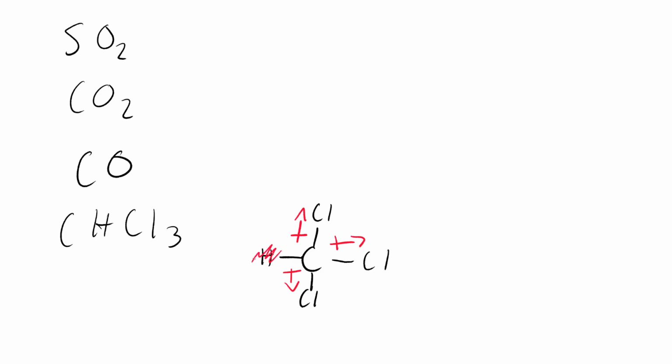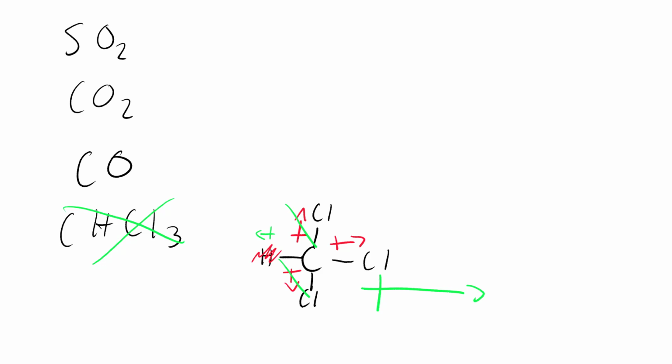We're going to ignore hydrogen. It's the weakest one, less electronegative than carbon. Notice that the dipole moments across cancel out, but hydrogen is so weak compared to chlorine that effectively the dipole moment goes completely towards the right. So we do have a moment, so this is not good.